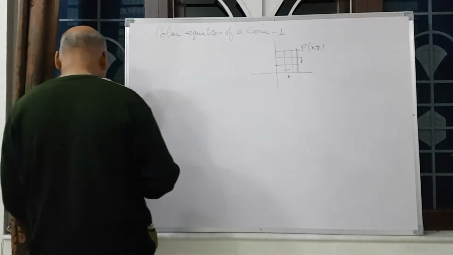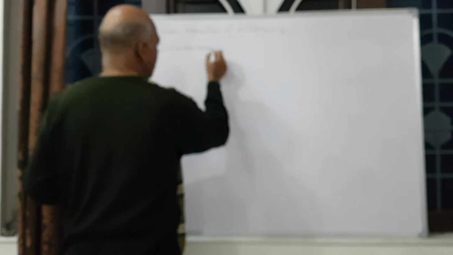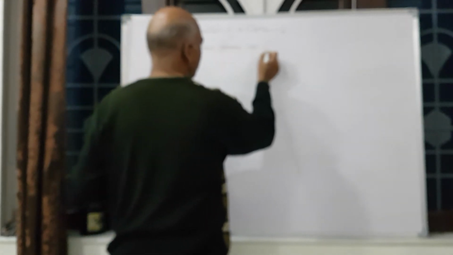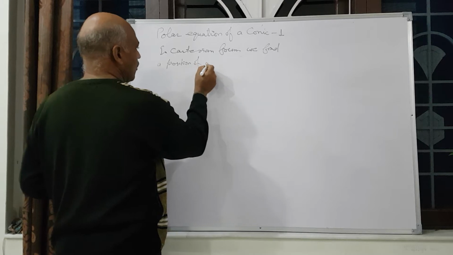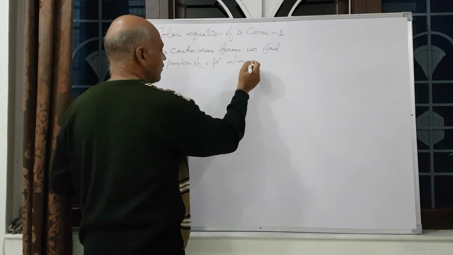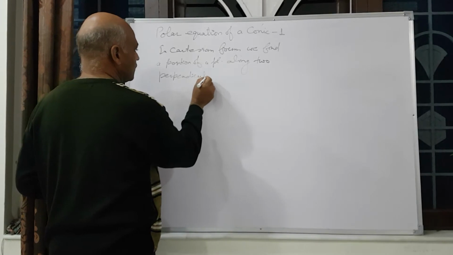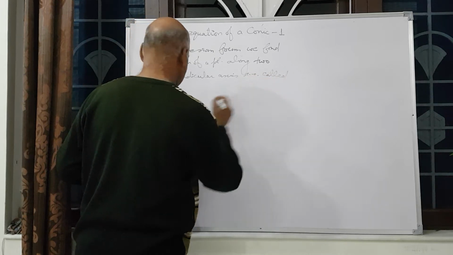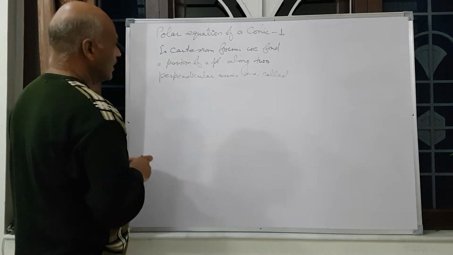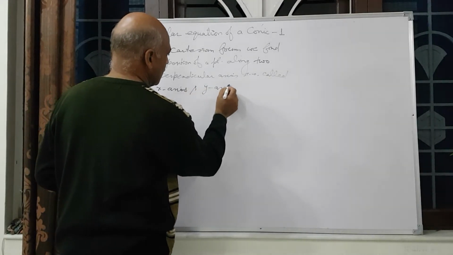But now, in Cartesian form, we find a position of a point along two perpendicular axes, that is called the x-axis and y-axis.